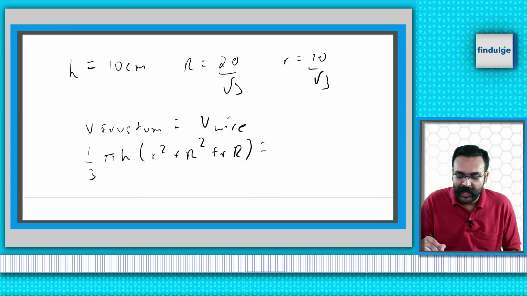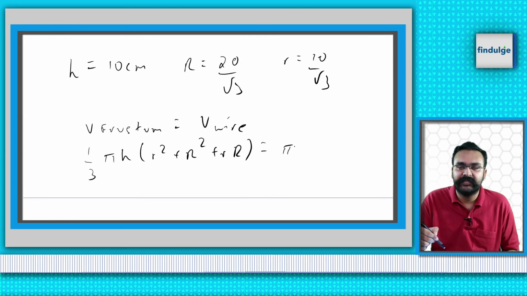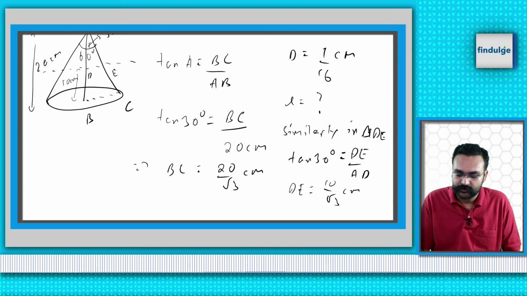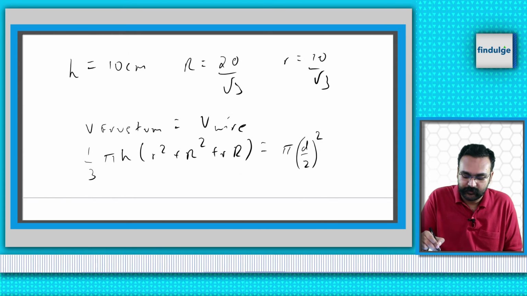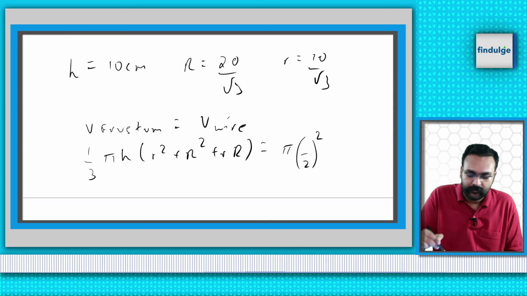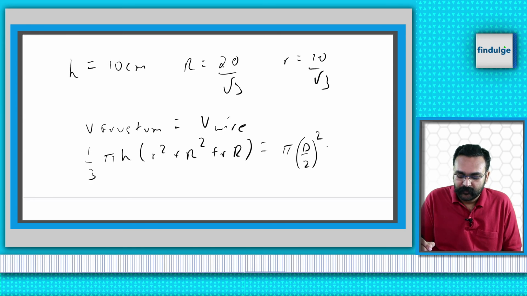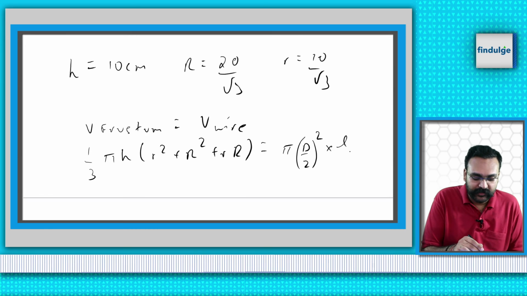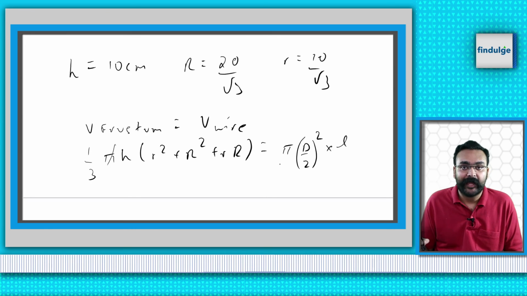So it will be pi into the radius of the cylinder square, which here I've been given a diameter, so I'm going to write it as diameter by 2 whole square, because remember we were given the diameter of the cylinder. So it's a capital D that we've used there, so we'll use it here as well. So D by 2 into the length of the wire, because length and height for a wire is the same thing. So first of all, we notice that I can cut pi and pi.